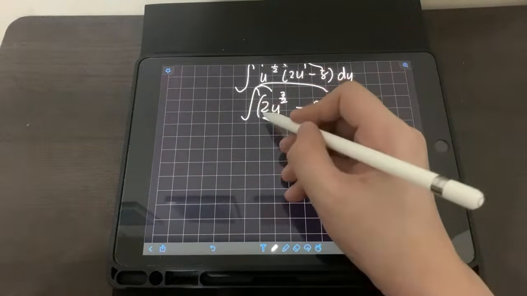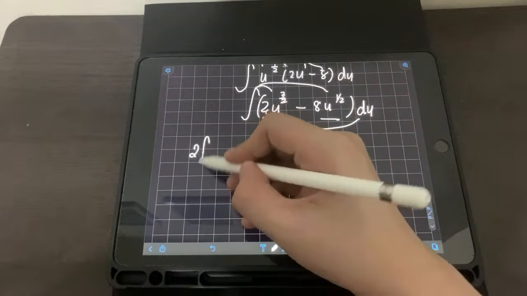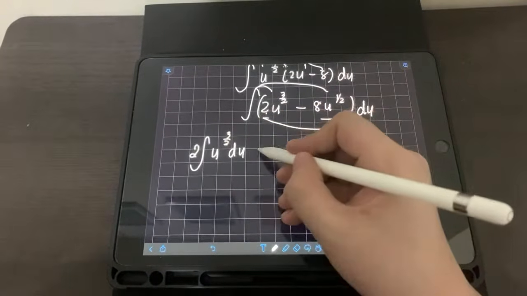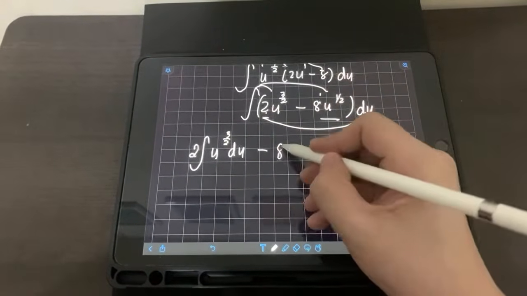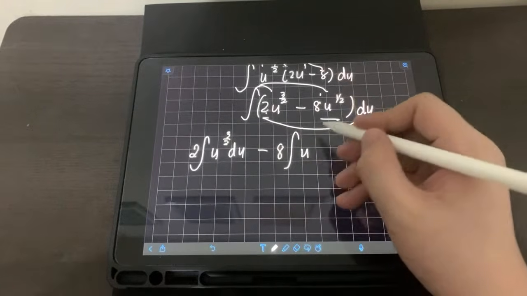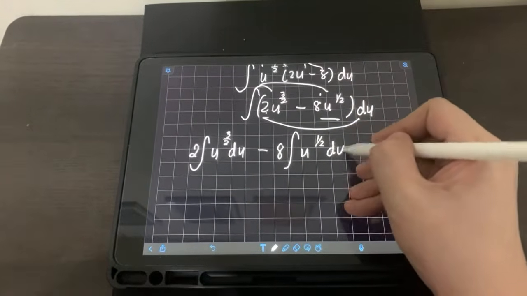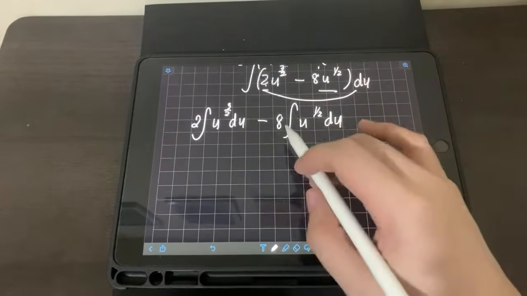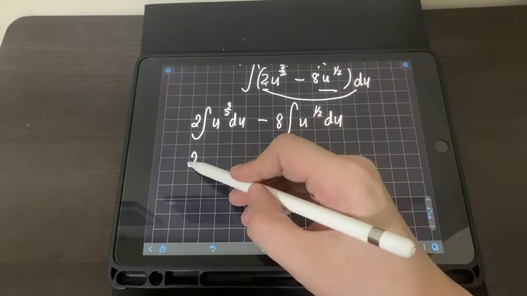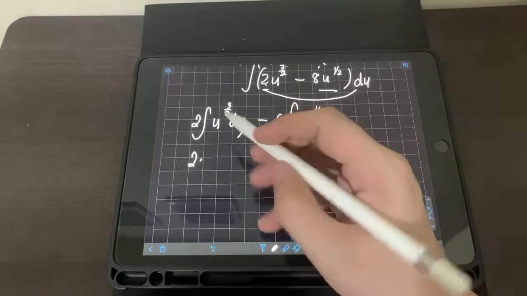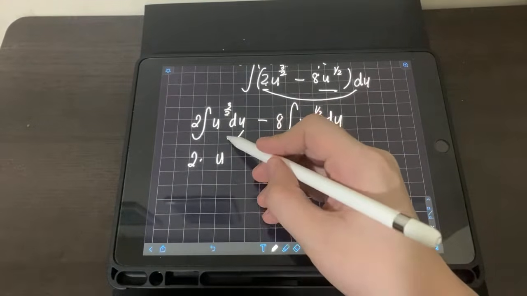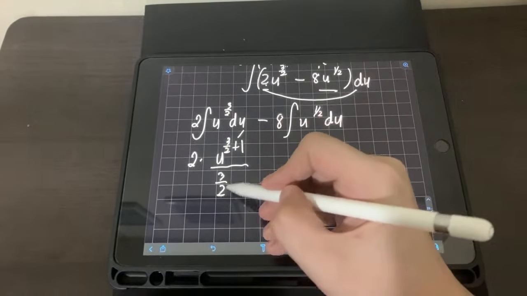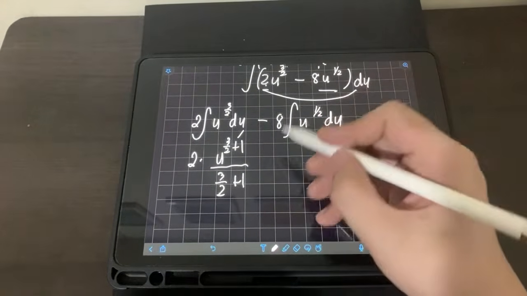So, it becomes integral of u to the 3/2 du, u to the 3/2 plus 1 over 3/2 plus 1.